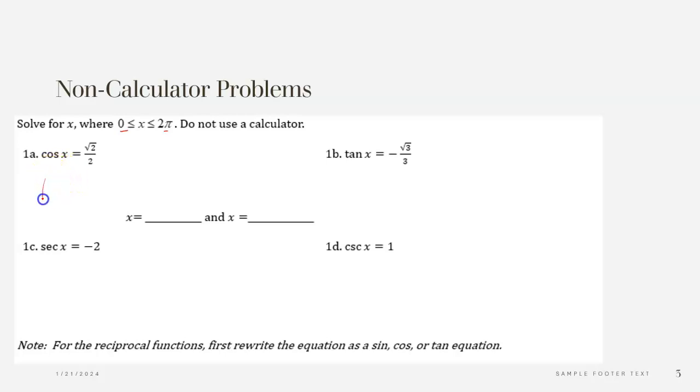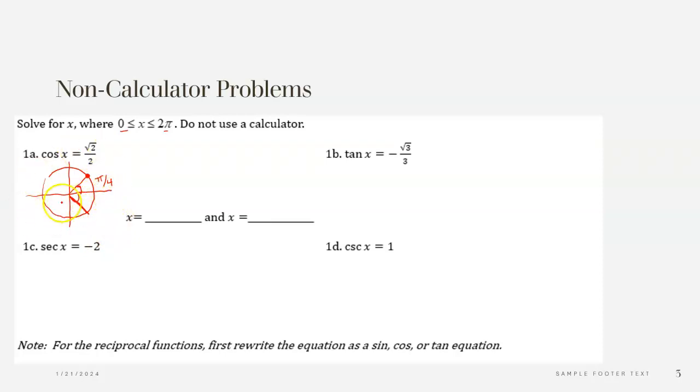The first question asks for cosine equal to root 2 over 2. Root 2 over 2 is the one that is the 45-degree angle, or the pi over 4 in radians angle. And we want cosine to be positive, so that means we also want the one down here because that's when my x-coordinate would also be positive.